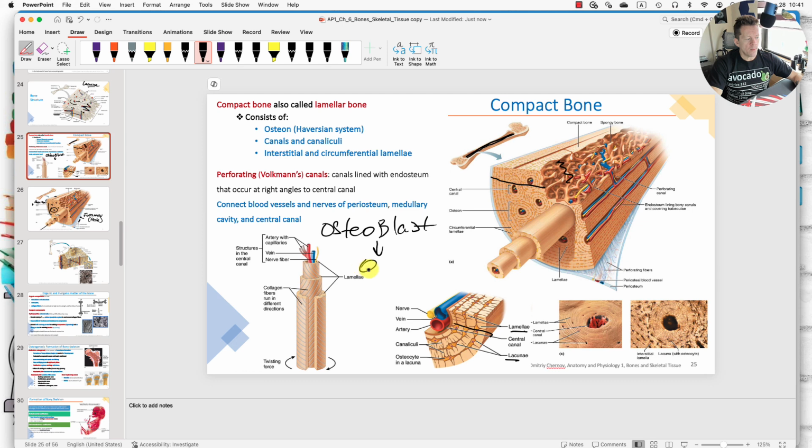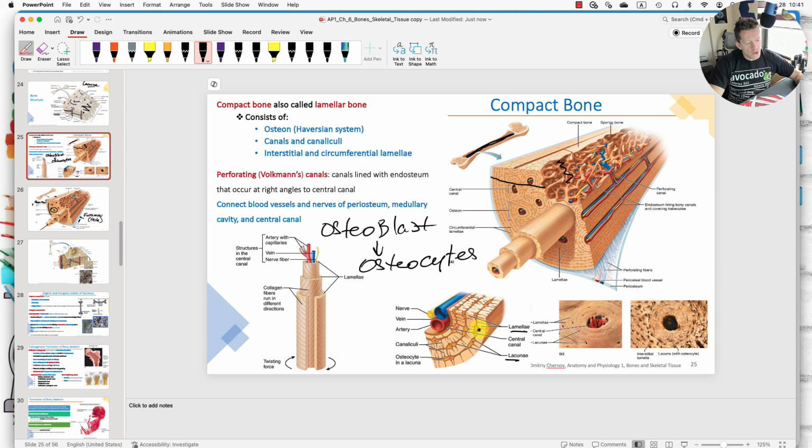And then they become osteocytes. And the osteocytes will be trapped within the lacunas because when they secrete this matrix, they are trapped.